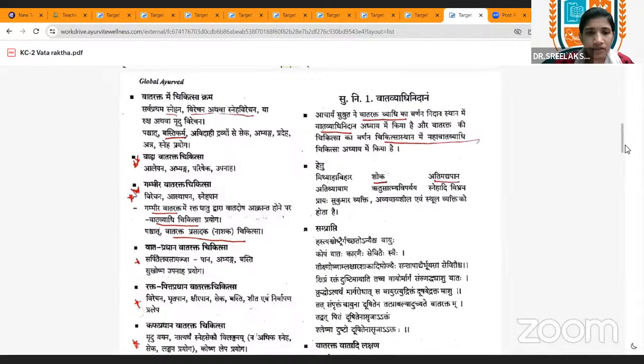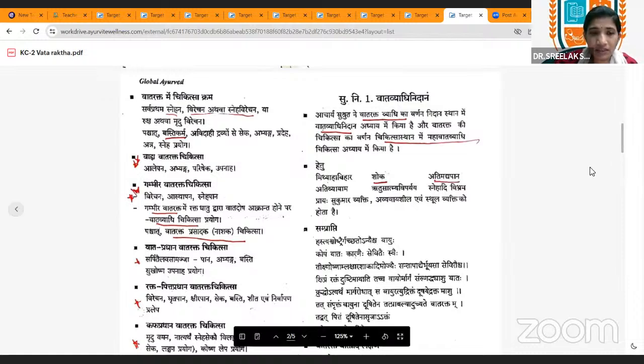Okay. Then in Rekta Pitta Pradhana Vadarakta, mainly Virechana, Gridapana, Kshirapanam, Vasti, these all treatments can be adopted. Okay.